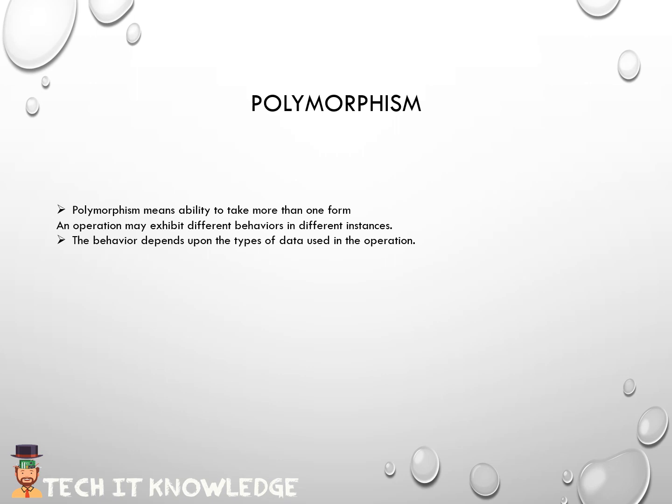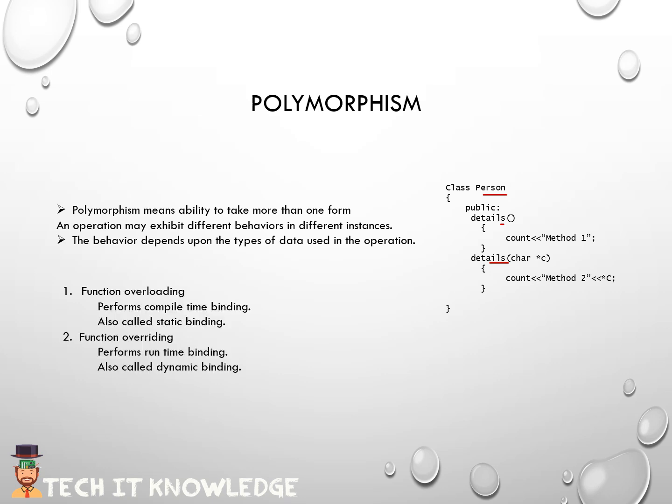So the behavior depends upon the type of data used in the operation. So here we have the class person with the same function name, but the arguments are different. If you see, in the first method there are no arguments, in the second method there is a single argument. So the calling of these methods obviously will be different.